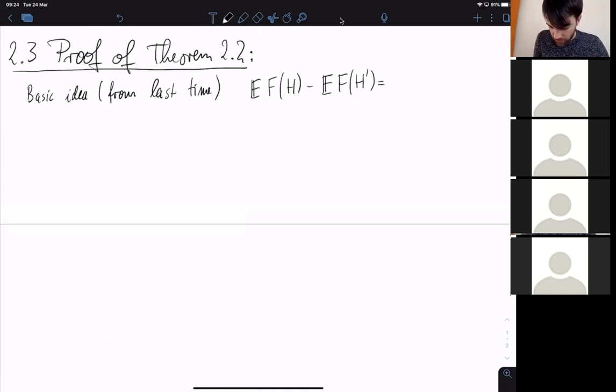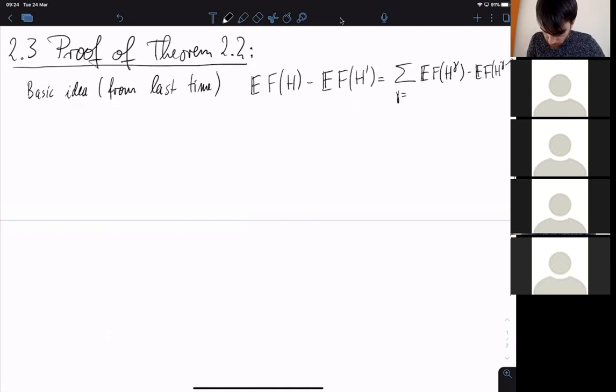And we want to write this as the expectation of f of h gamma minus f of h gamma minus 1, and then we sum up over all gammas. And then we want to prove that this thing here is small.